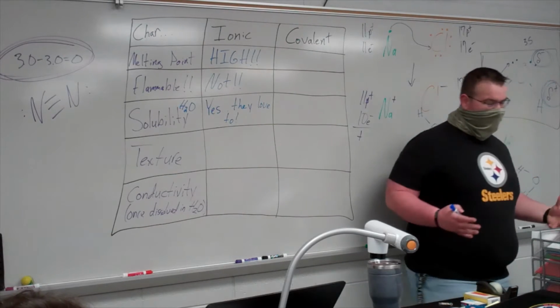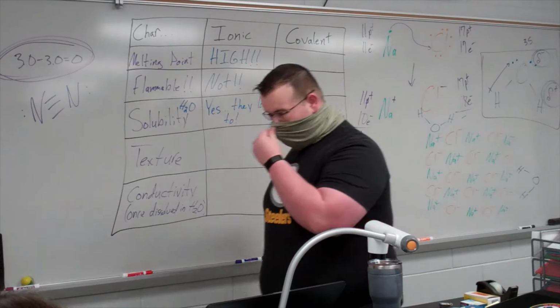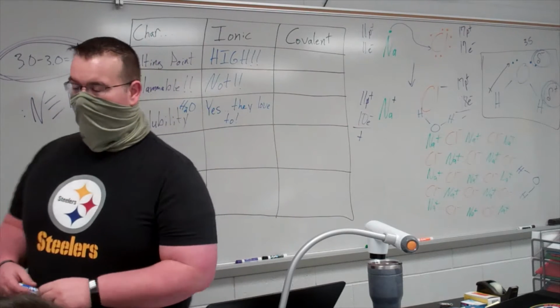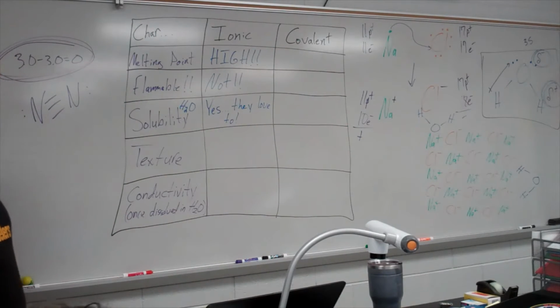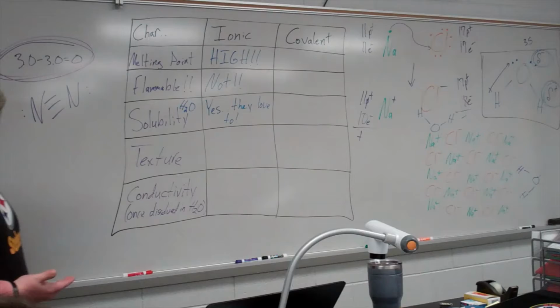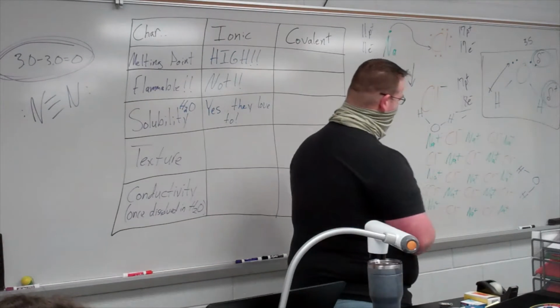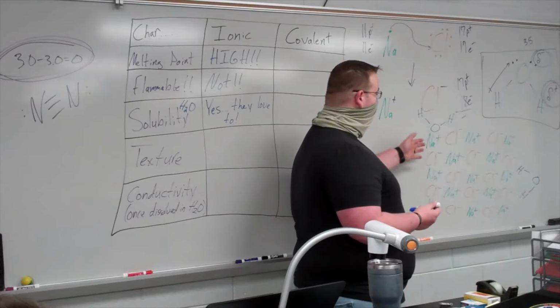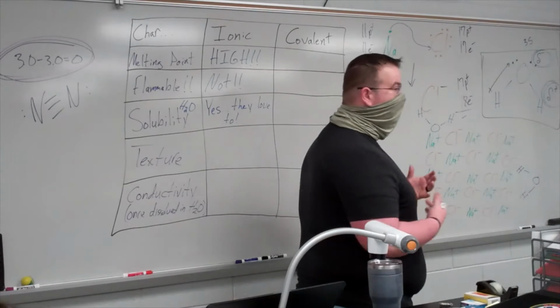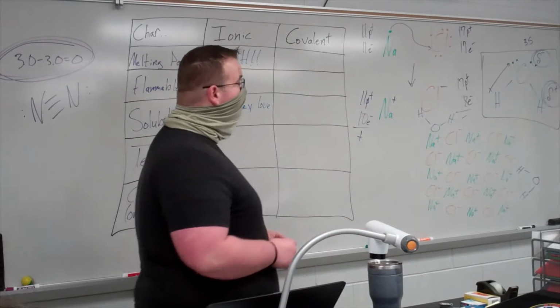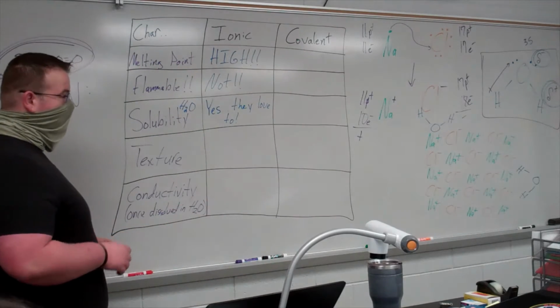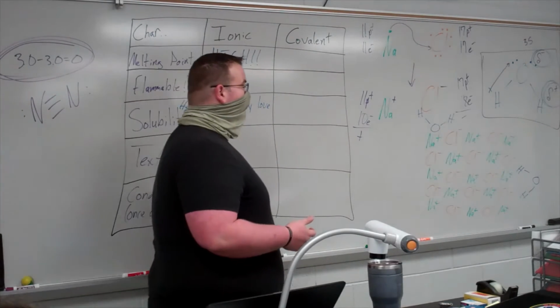What do opposites do? They attract. So oxygen is partially negative. Which one of the ions will it line up with? The positive. Where it's partially negative, it's going to line up with partially positive. The same thing for the chlorines and the hydrogens. The hydrogens are partially positive.